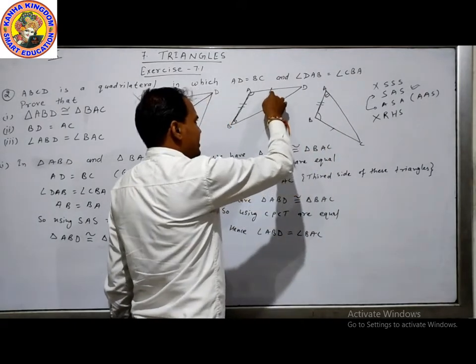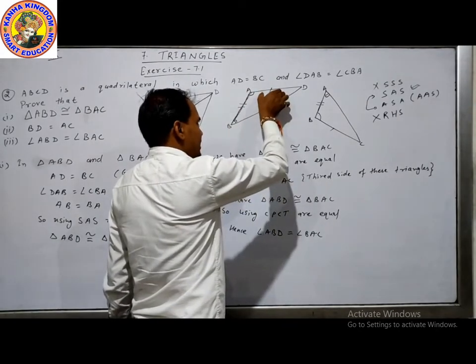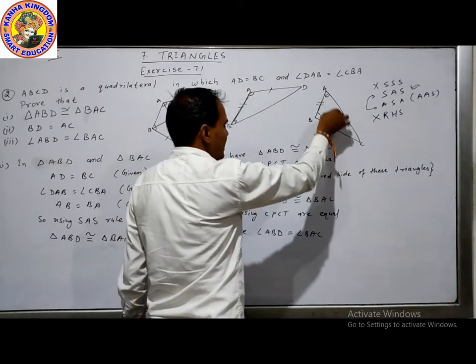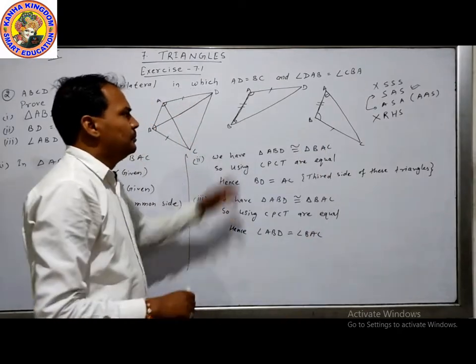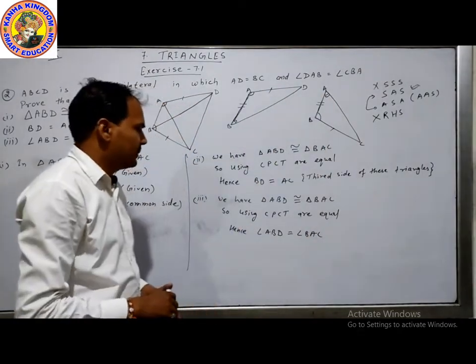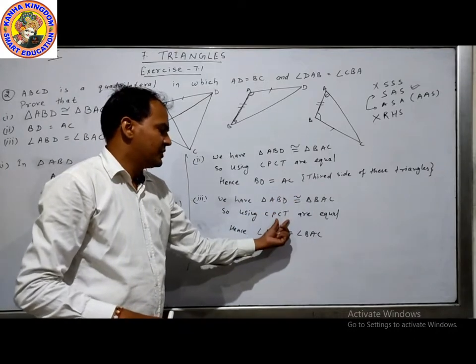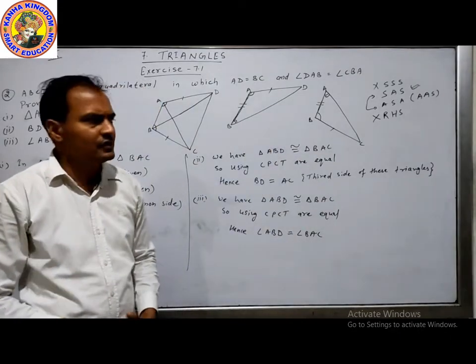So when sides are equal, then the respective angles are equal. The side AB has opposite angle B, side BC has opposite angle A. So using CPCT, angle B and angle A are equal. We have two triangles that are congruent. Using CPCT, the two angles are equal.